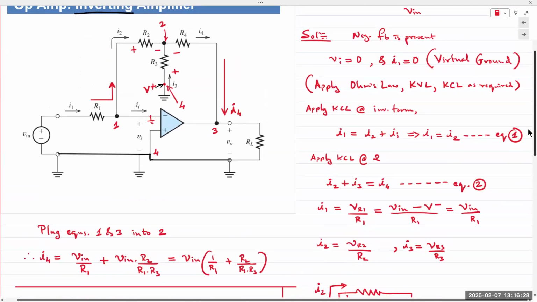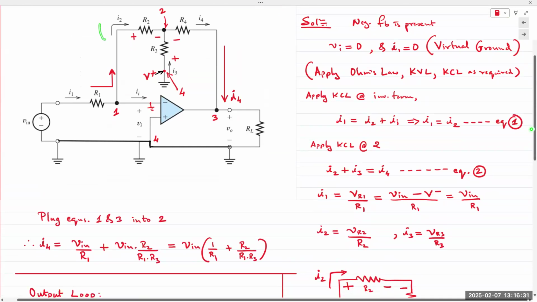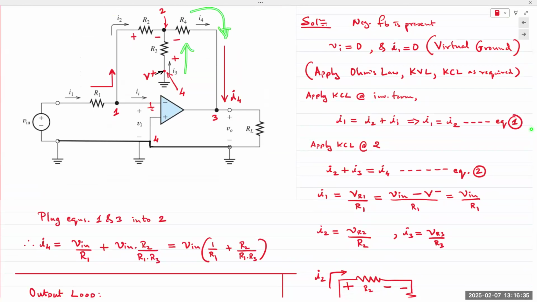Then if you apply KCL at node 2, I have I2 entering, I3 entering, and I4 leaving. These current directions were already given to us, but let's say you were analyzing any circuit and you chose the opposite direction, it won't make a difference to your analysis.